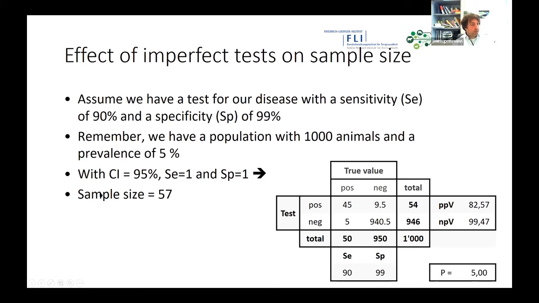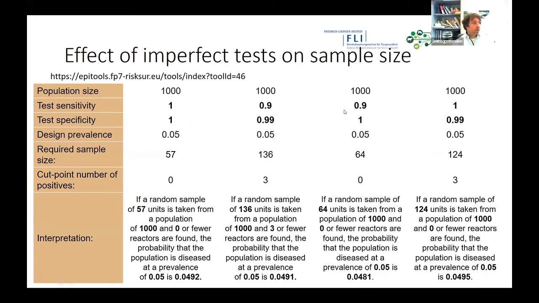We calculated a sample size of 57. And now I use this tool developed by Angus Cameron, and it's very nice. Here you have the population size with the test sensitivity and specificity, and you have 57 as sample size.